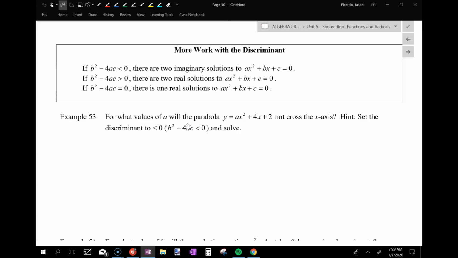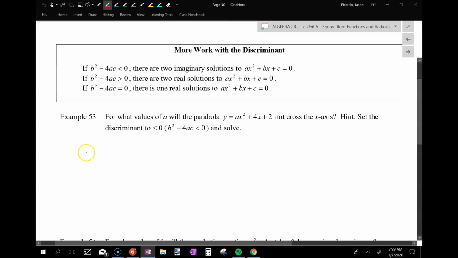So here's what I'm going to do. My a value, I don't know, right? So a is what we're trying to find out, right? We're trying to figure that out. The value of b in this problem is 4. The value of c in this problem is 2.